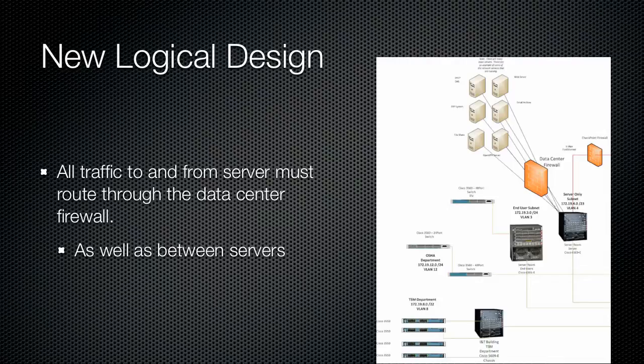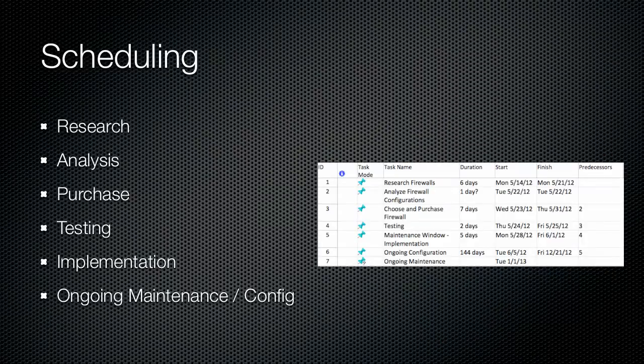For the implementation of the data center firewall, we have a couple of steps. The first step is research. Research is really important. You have to be able to take your requirements, both technical and business requirements, and research firewalls and solutions that best fit those requirements.